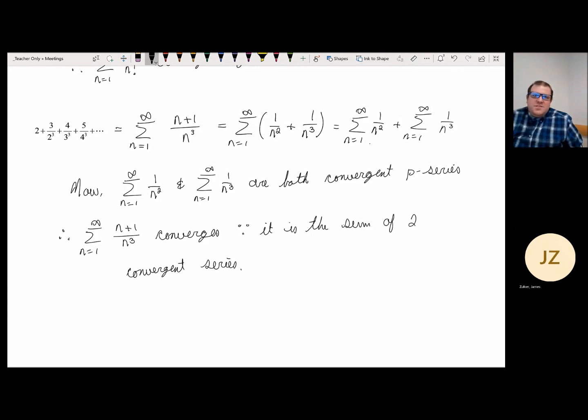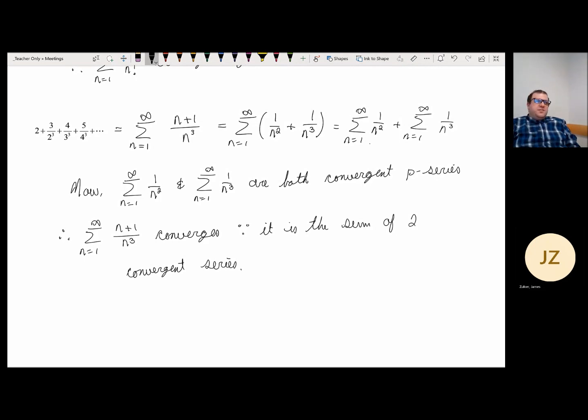All right, take the sum of convergent series, it has to converge. Take the difference of convergent series, it has to converge.